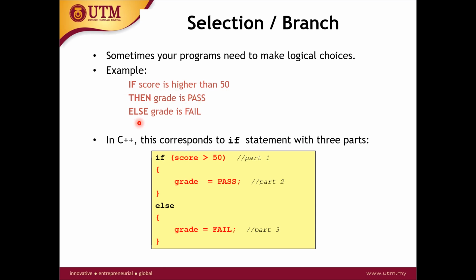Else, if it's not greater than 50, what happens? The grade is fail. So what are you going to write in the C++ programming language? We say if score is greater than 50, that means grade is pass. Else what is going to be? The grade is going to be fail.